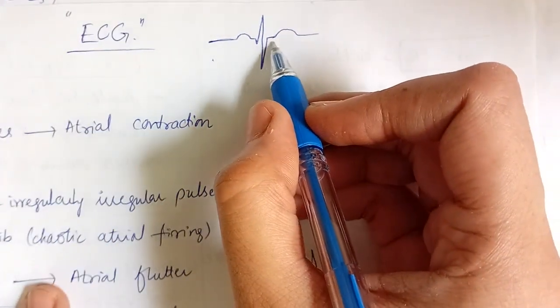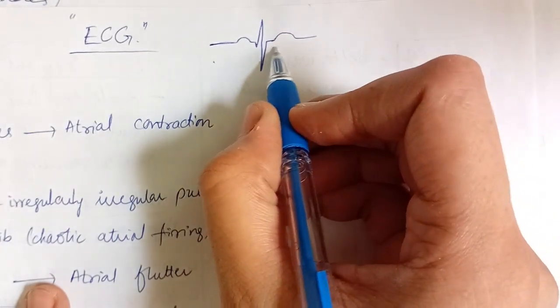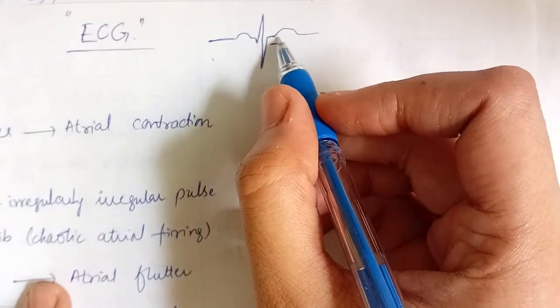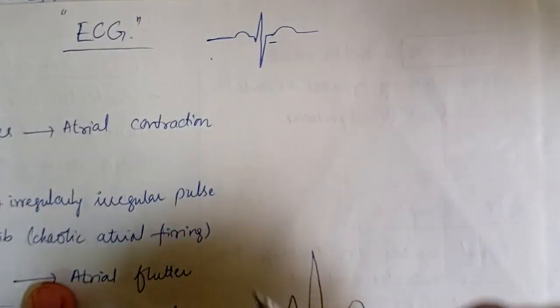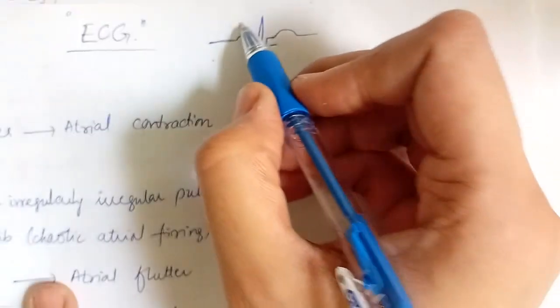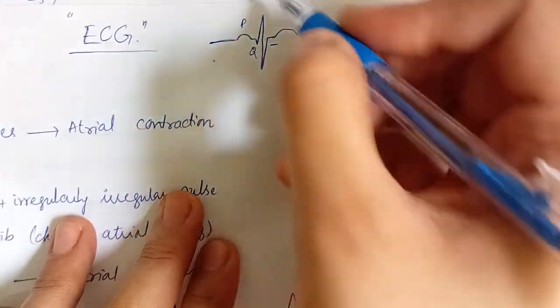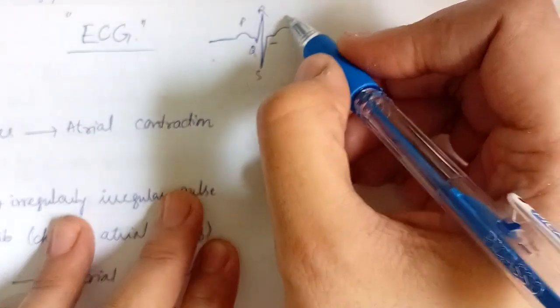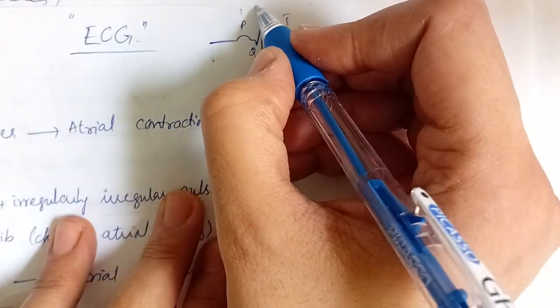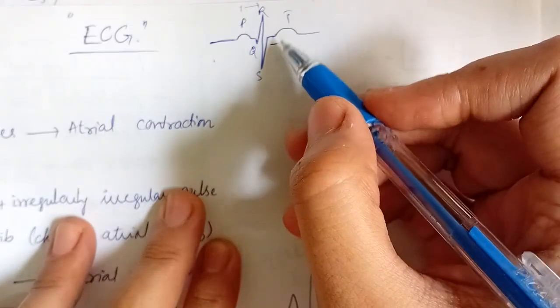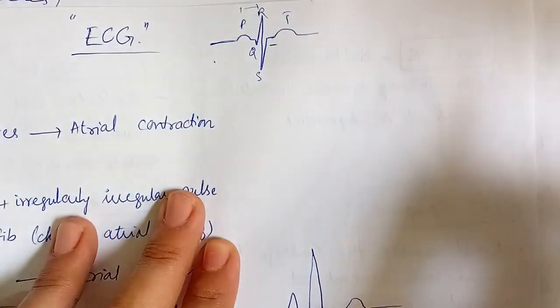So the ST segment is actually this, and it is the isoelectric line. In ST elevation, we see this line getting elevated or depressed. This is P, and this is Q, R, S, and T. So this is the PR interval, this is the QRS complex, and this is the ST segment.